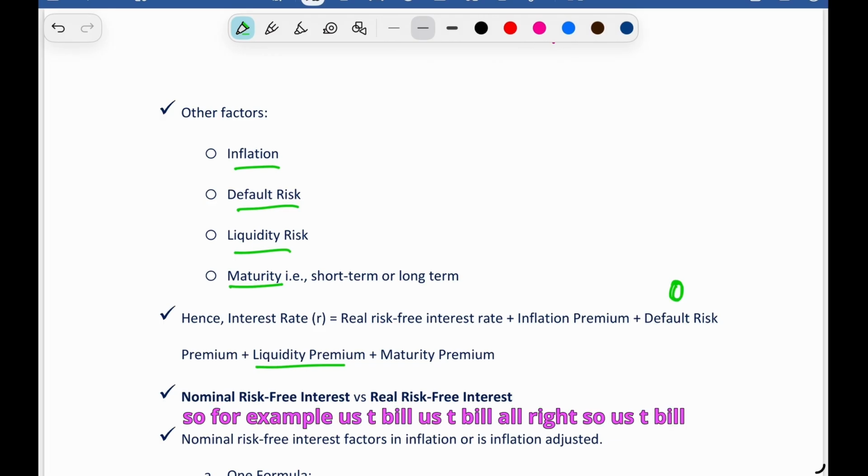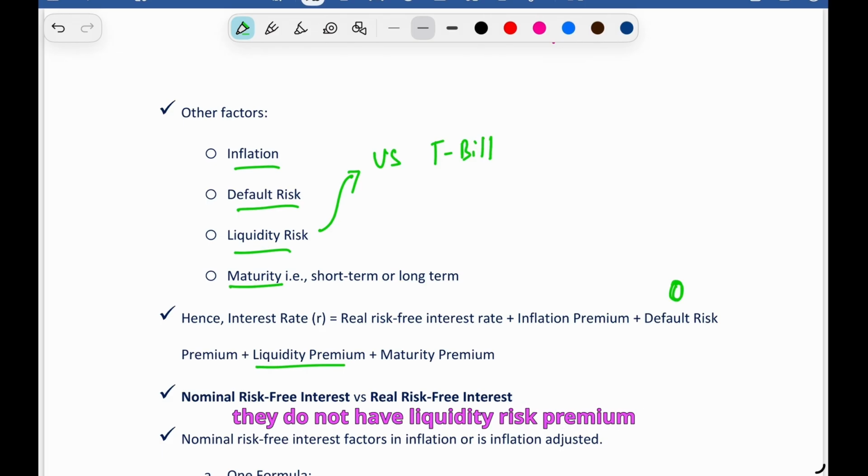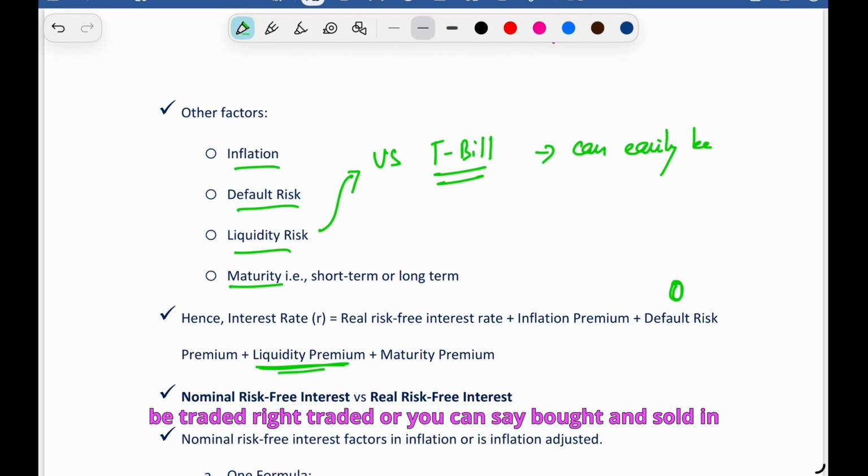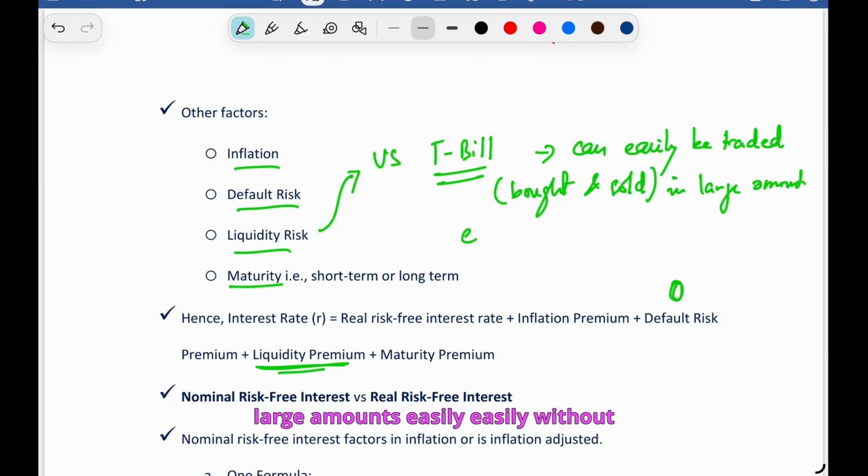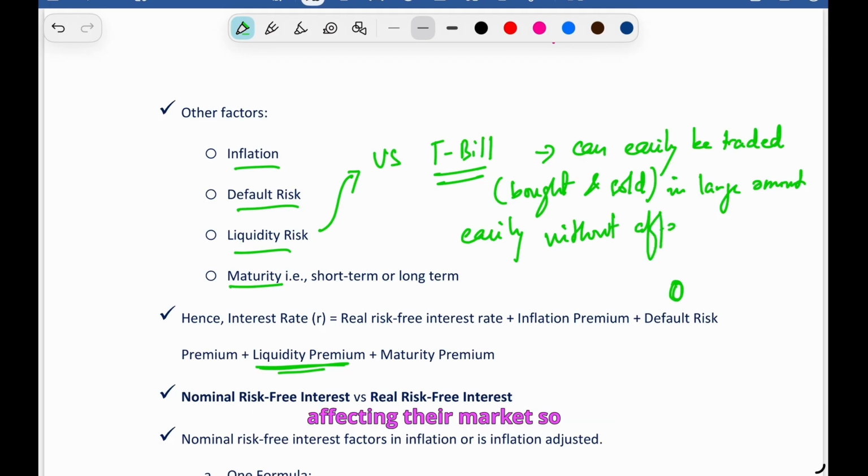So for example, US T-bills. They do not have a liquidity risk premium. Why? Because these T-bills can easily be traded, or you can say bought and sold in large amounts easily without affecting the market.